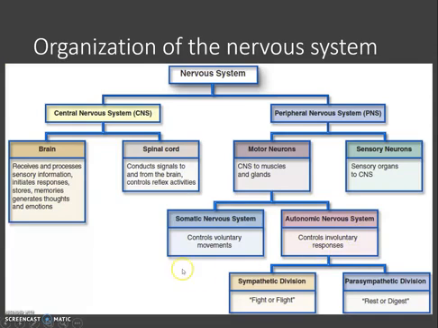And we're not going to talk a lot about sympathetic and parasympathetic divisions in this module, but in our next module we will, because we can further break down the autonomic response into the fight or flight division, which is the sympathetic division, or the rest or digest system, which is also known as the parasympathetic.